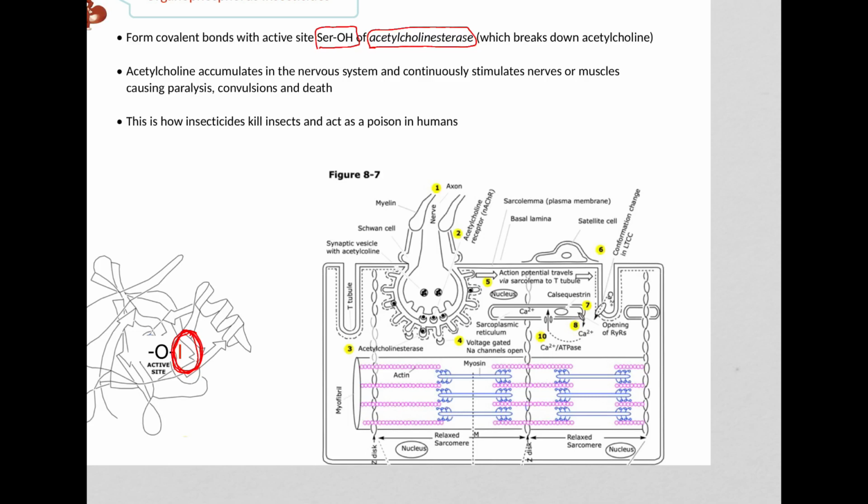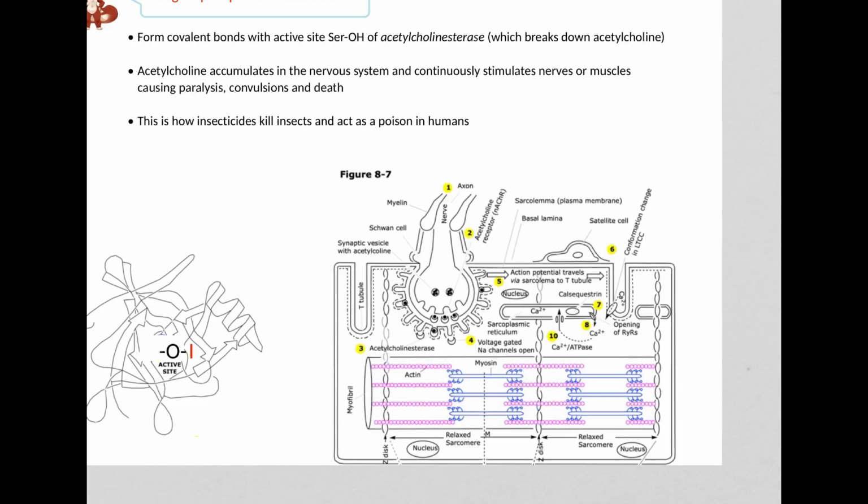So let's see what happens if this acetylcholine esterase enzyme is inhibited in the human body. In this diagram we have a neuron that is synapsing with a muscle cell. This is a muscle cell, and here we have a neuron, and this region here is called the neuromuscular junction.